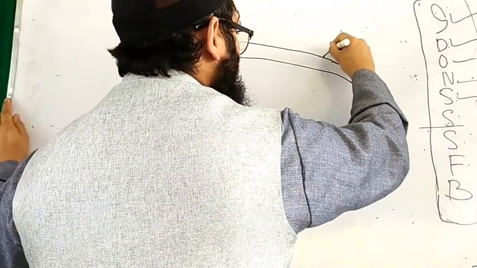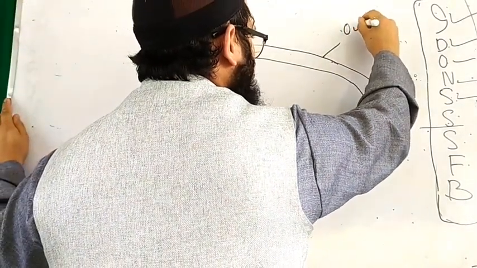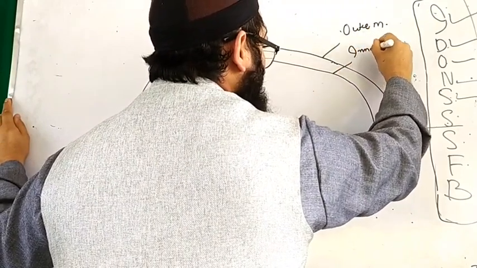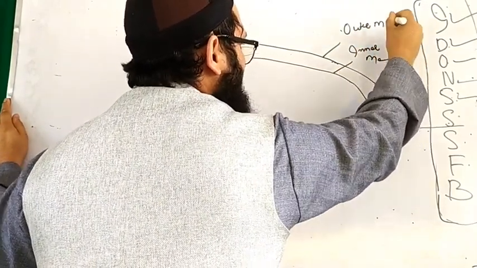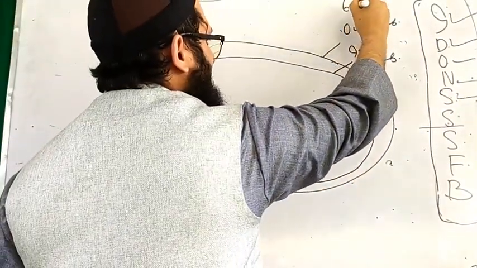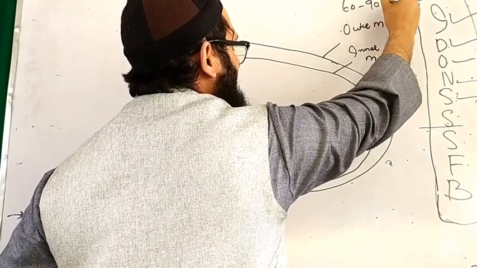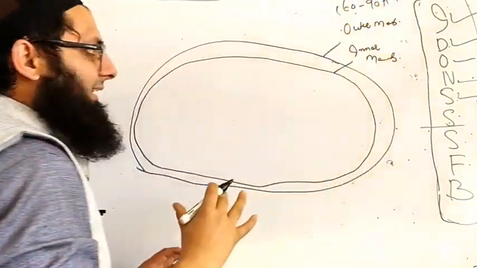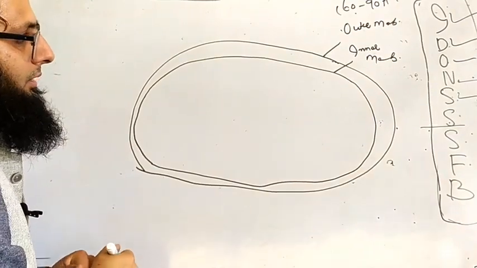This is the outer membrane, this is the inner membrane, and both membranes are about 6 to 90 angstrom thick. These are the thickest membranes.